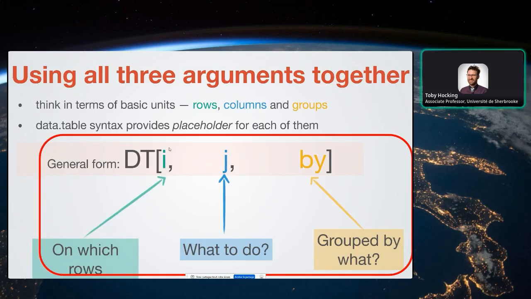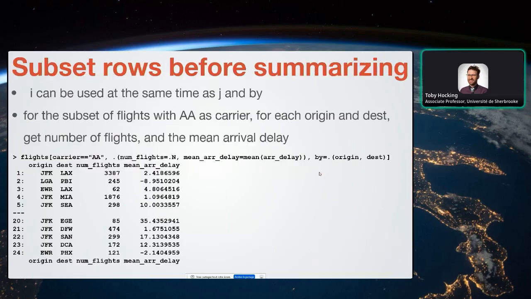We can also use all three at the same time: i, j, and by. I gave a few examples of this at the beginning, and this is sometimes useful. Because we can specify them all at the same time inside of square brackets, it's efficient, perhaps more efficient than some other R packages like tidyverse that make you specify these things in a pipeline.